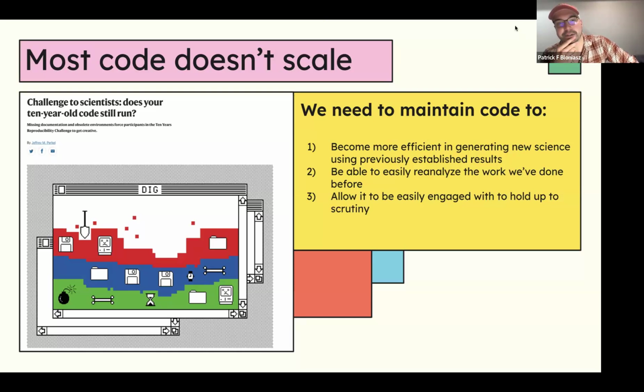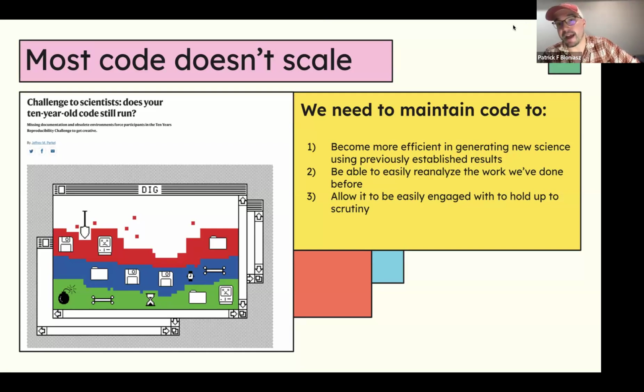And it turns out that many folks who go back to older projects, and maybe they want to reuse code or reanalyze data, often can't. And the name of the game for why they can't do that is, one, they are not documenting their data and their code well. And two, they are not having any protocols in their lab to control the environment in which they're running their code or in which they're analyzing their data.